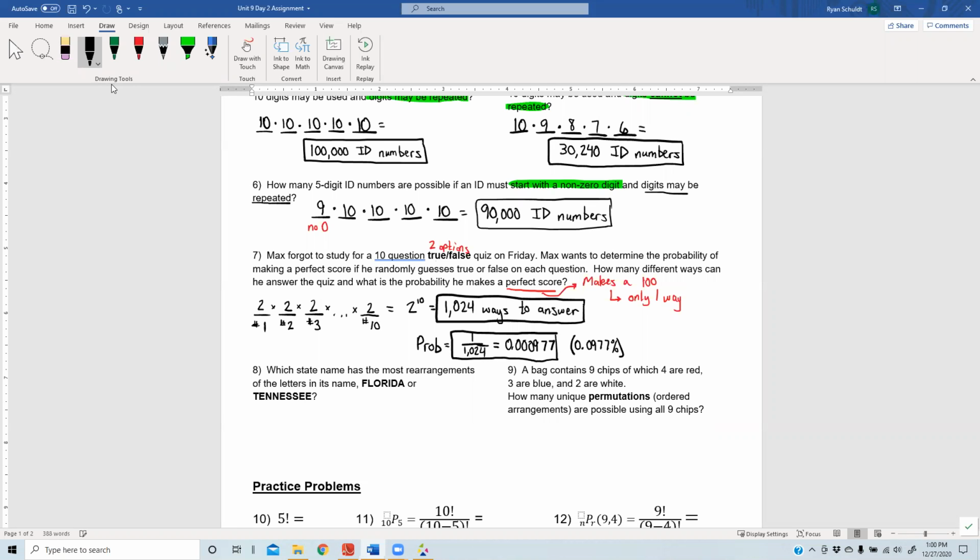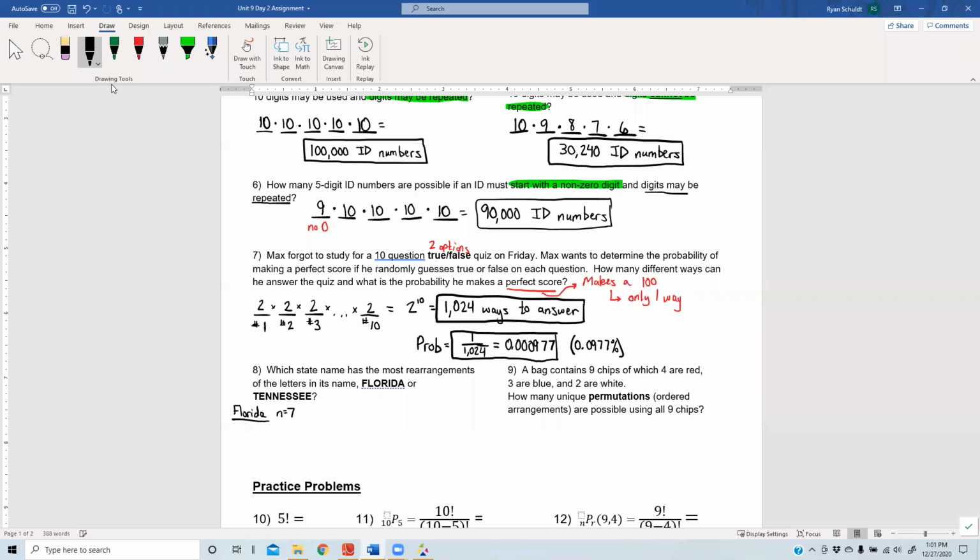Okay, number 8. Which state name has the most rearrangements of the letters in its name? Florida or Tennessee? Well, let's look. So first we're going to look at Florida. How many letters are in the word Florida?